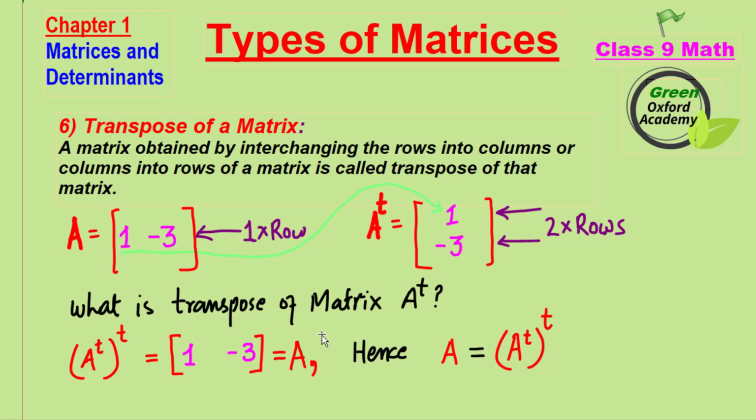I repeat, taking the transpose of any matrix twice does not change the shape of the matrix. It does not change the position of the elements. It remains the same. As you can see, matrix A is equal to the transpose of matrix AT.